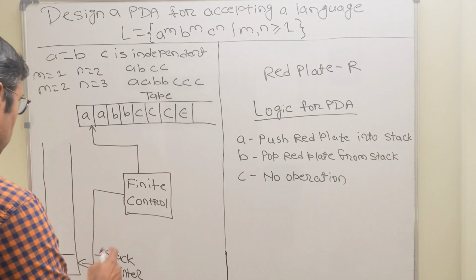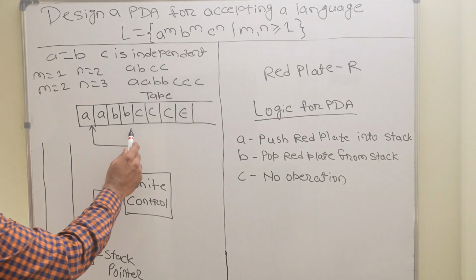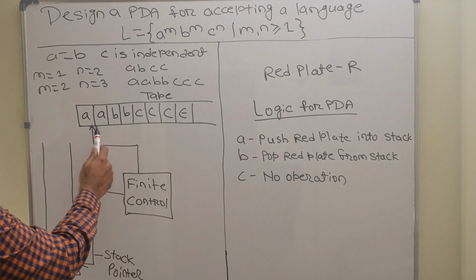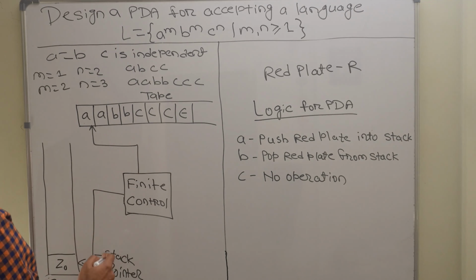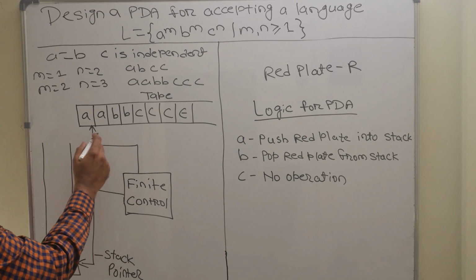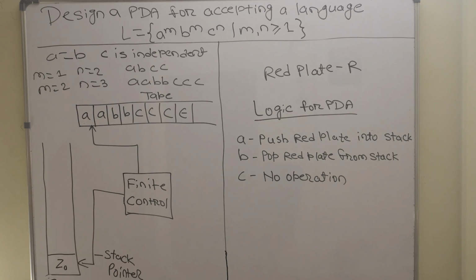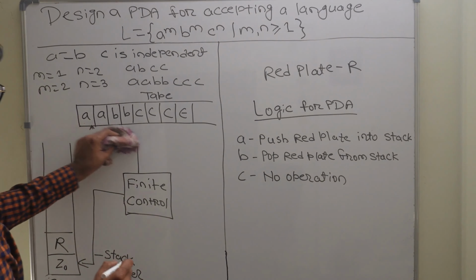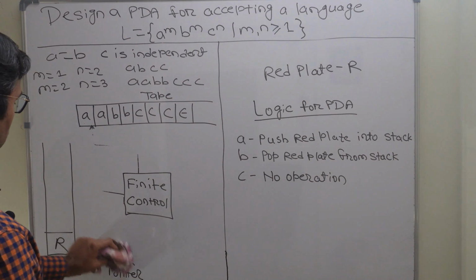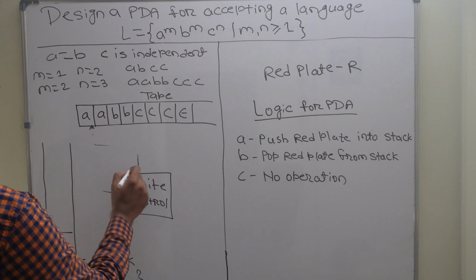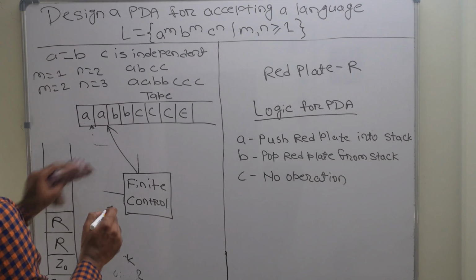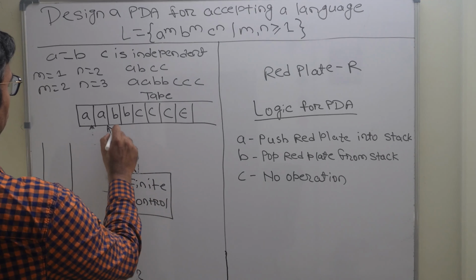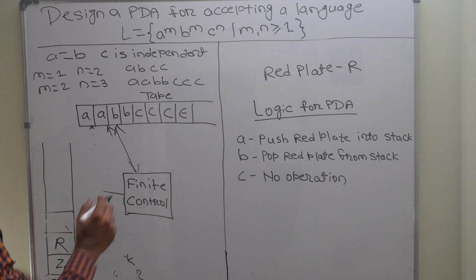Here you will see there is a tape. I took the string double A, double B, triple C, followed by epsilon. Whenever there is an occurrence of A, we will insert a red plate. Since there are two A, two red plates will be inserted here, and whenever there is an occurrence of B, a red plate will be deleted.